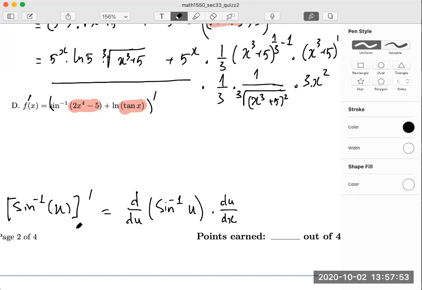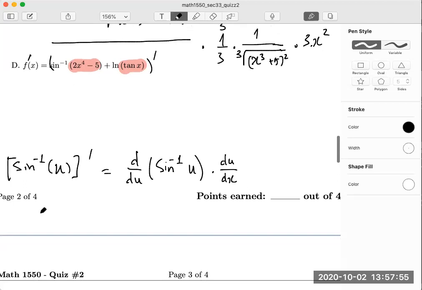And remember, d over dx of sine inverse x, what is it? Very good. We have a formula for this one, right? I don't know if it is a correct one.